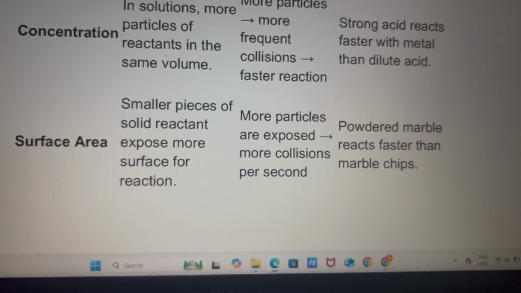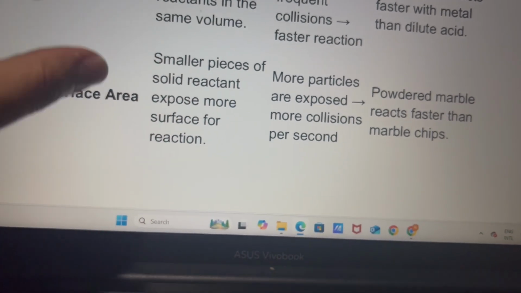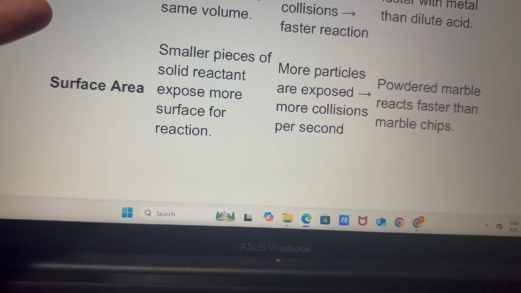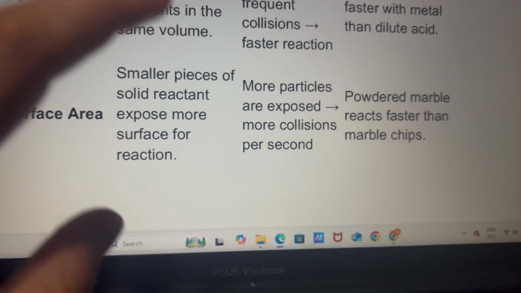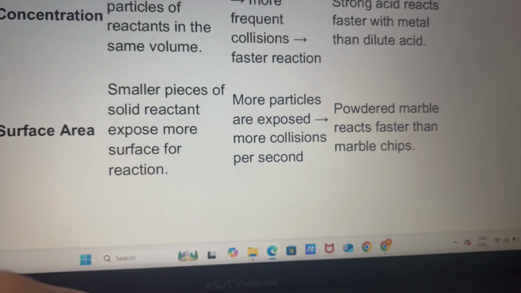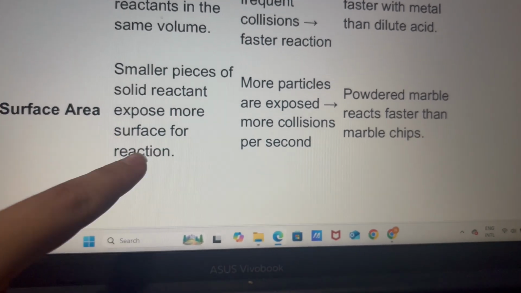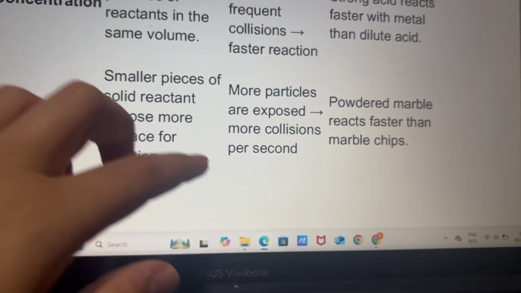For the surface area, if you make smaller pieces or powder, turn something into powder, or smaller particle size, this is all increasing the surface area. So increasing the surface area makes the reaction go faster.